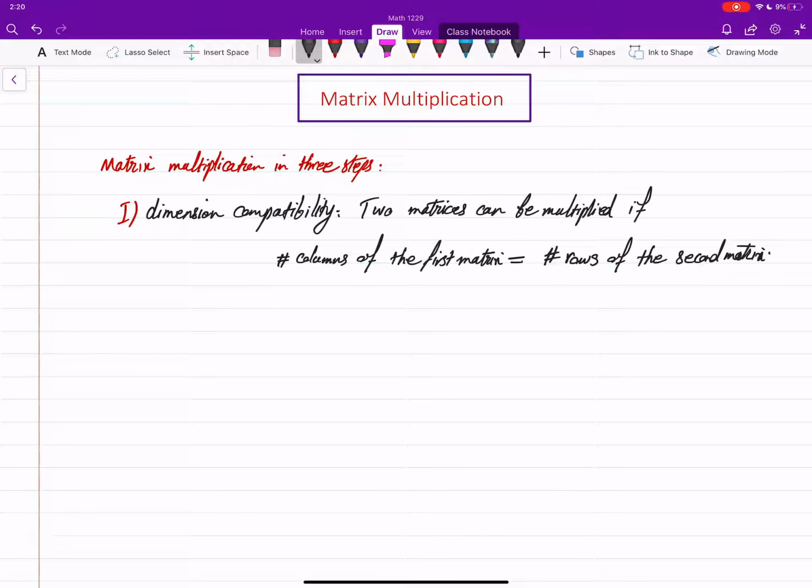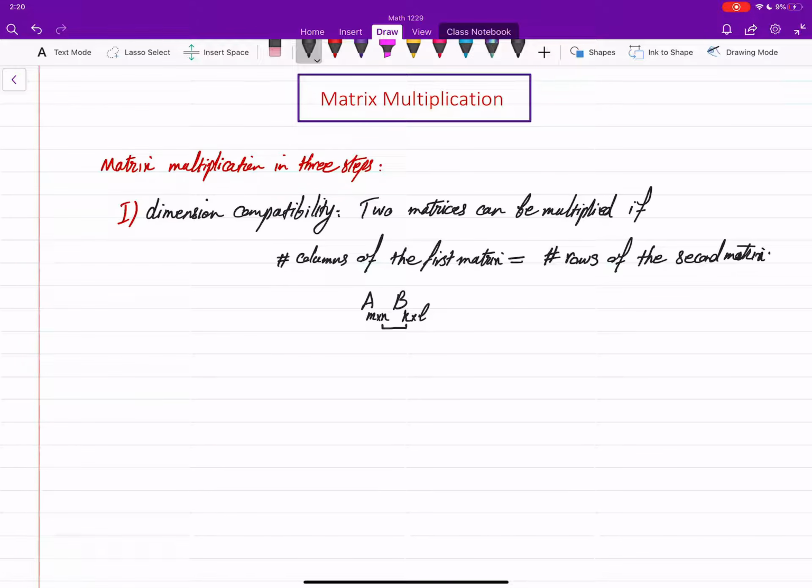In other words, if I have two matrices A, B, we want to multiply them, then the first one has m rows and n columns, and the second one has k rows and l columns. The two close by indices must be equal.